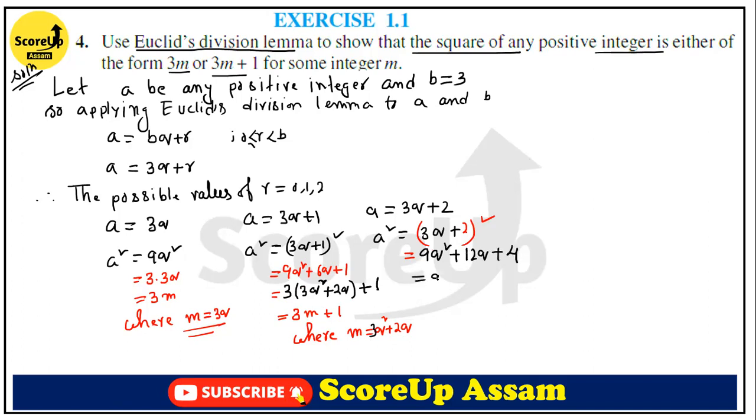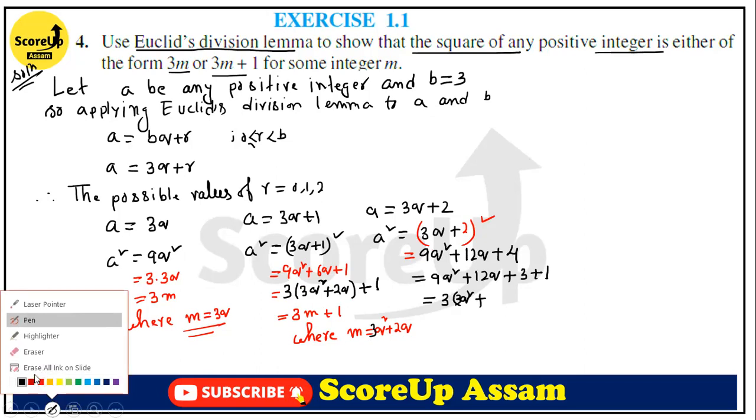Now can we write this as 9q squared plus 12q plus 3 plus 1? Now if you take 3 common, it will be 3 times q squared. Let me write it more clearly.